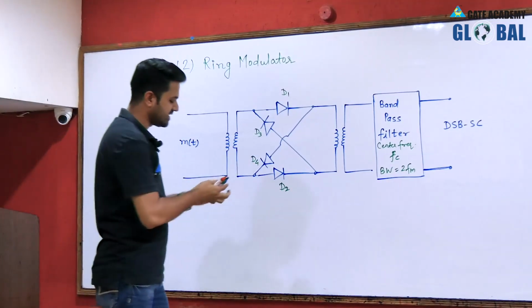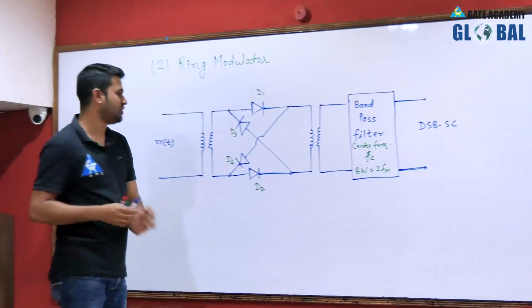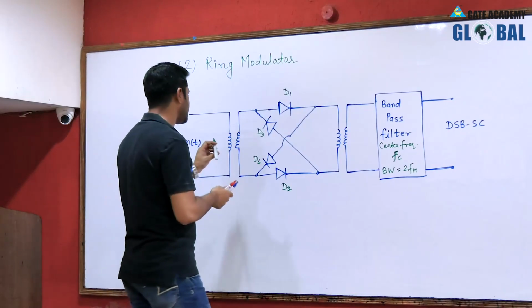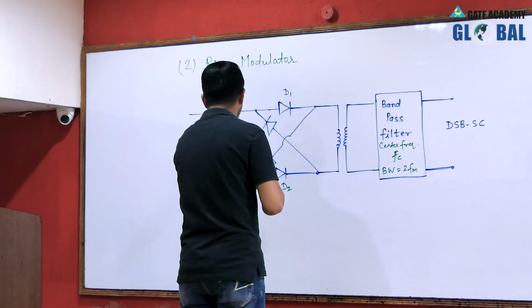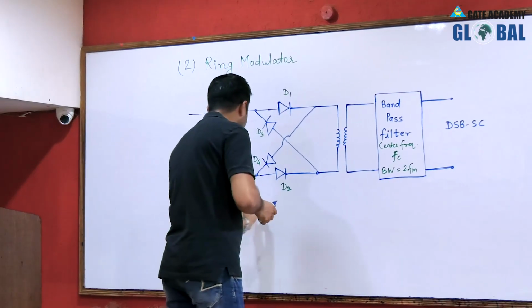But there is one thing which is missing here, that is the carrier signal. So the carrier signal should be given to the input of this particular circuit. The carrier signal is given here with the help of center tapping.